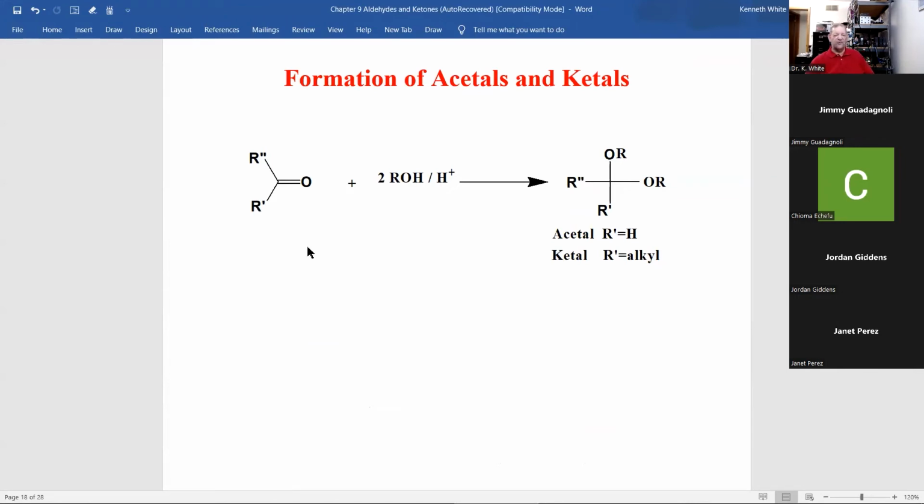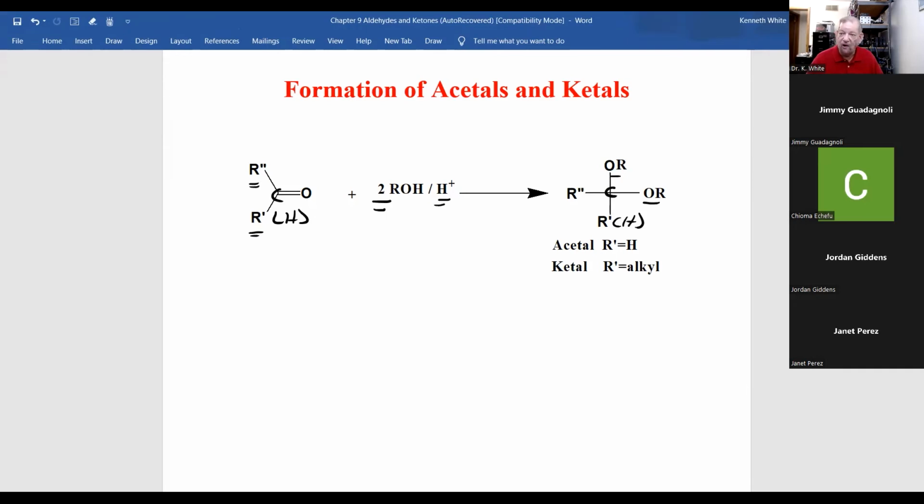What we start with is a ketone or aldehyde, two alcohols, acid catalyst, and here's my carbonyl carbon. Now it has two OR groups on that carbonyl carbon. And what was attached here, our R prime or hydrogen and our R double prime, are still there. Like I said, this is how Mother Nature makes all the starches.